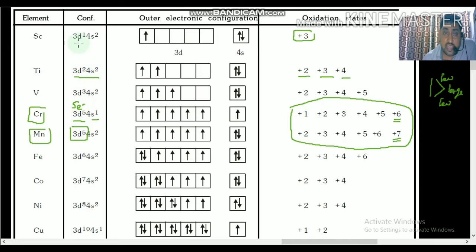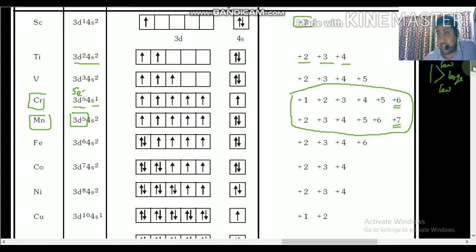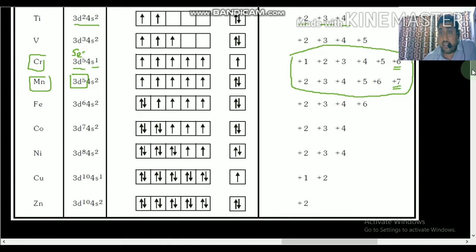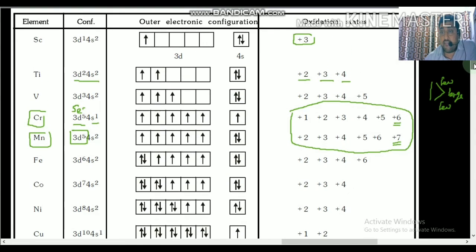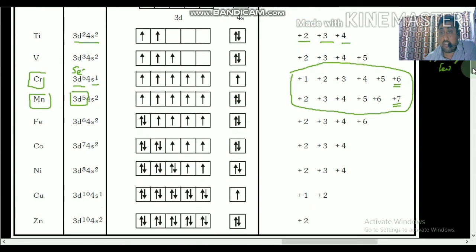As the number of unpaired electrons in the d subshell reaches the maximum, the oxidation states also reach the maximum. So this is the chart by which you can observe the variation in the oxidation states, and even calculate the oxidation states of any element.